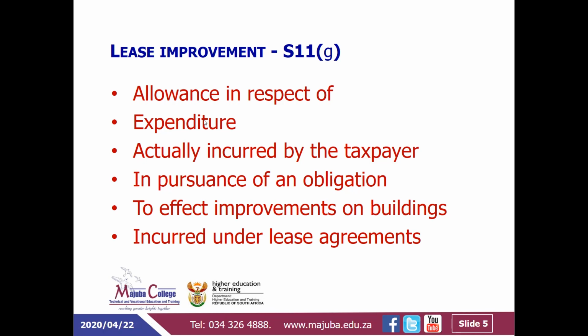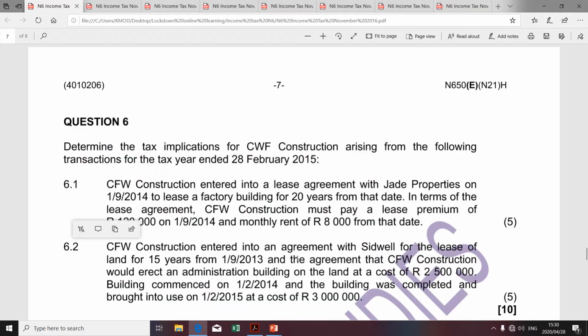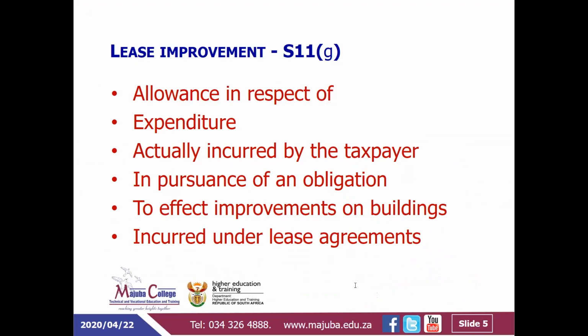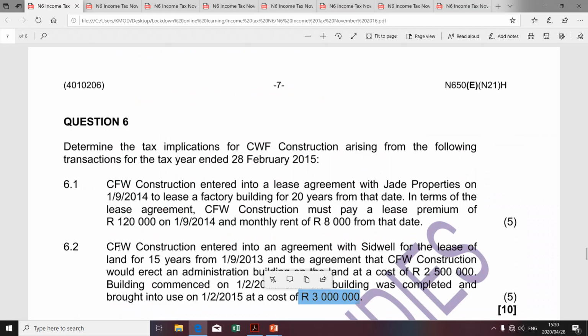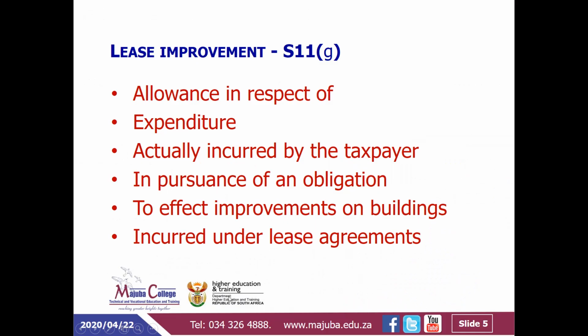Even though the agreed amount was 2.5 million, the actual expenditure incurred was 3 million. It is actually incurred because CFW has erected an administration building, and he has completed the building on the 1st of February 2015.